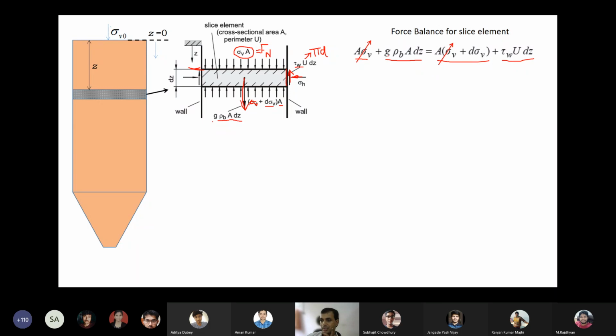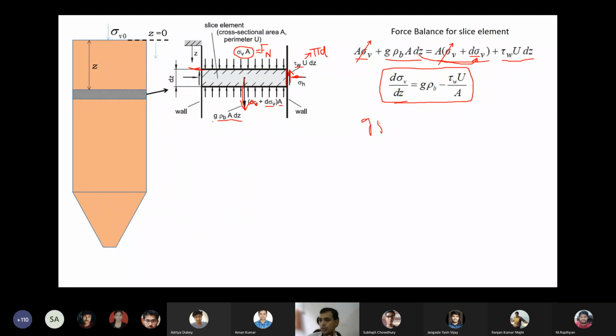So A into sigma V and A into sigma V get cancelled. Then we can rearrange, because we have A into d sigma V here, and here nothing is there. So dz comes, and dz gets cancelled. We have U by A. So finally we get this expression after simplification. Hope you are understanding.